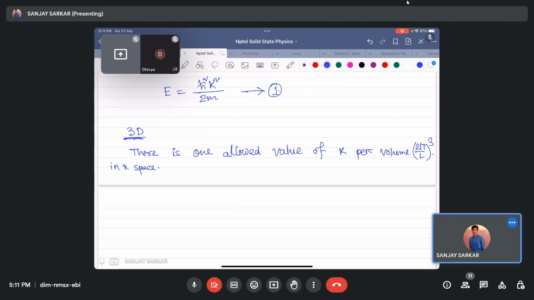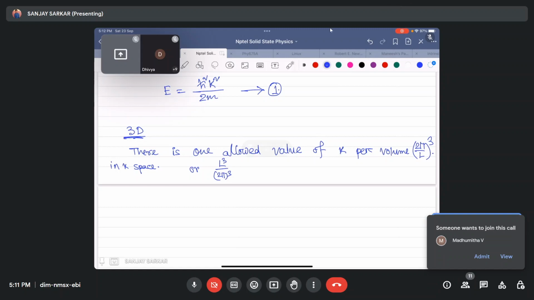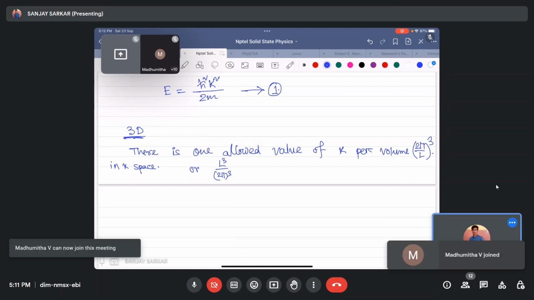Kx, Ky, Kz can have values in steps of 2 pi by L, so the difference between 2 points is 2 pi by L. So the minimum volume for one energy state is (2 pi by L) cube, which is equal to (2 pi) cube by V.